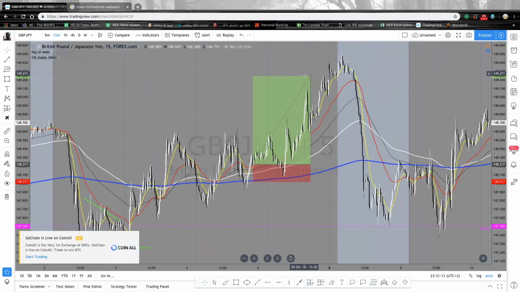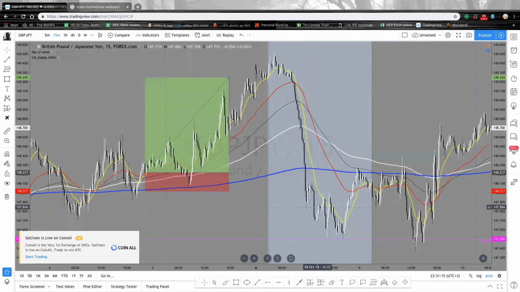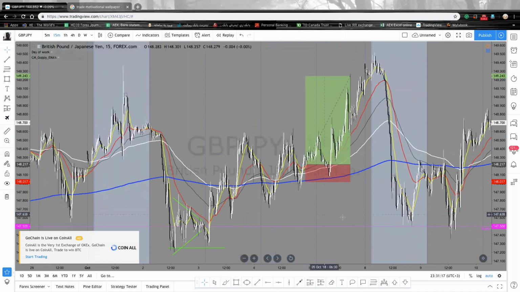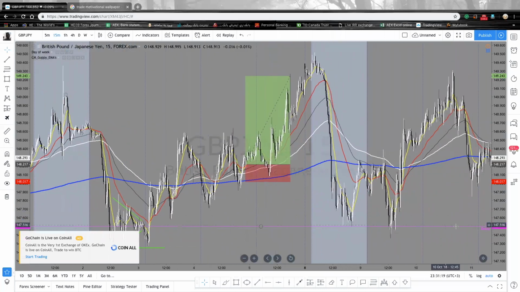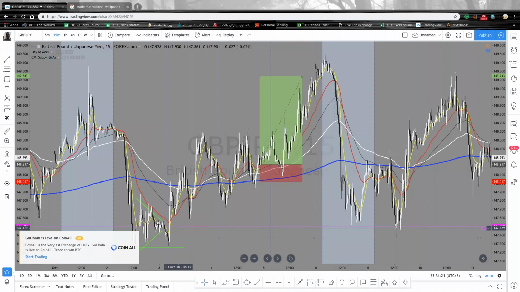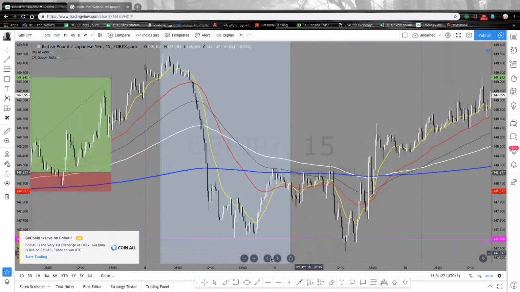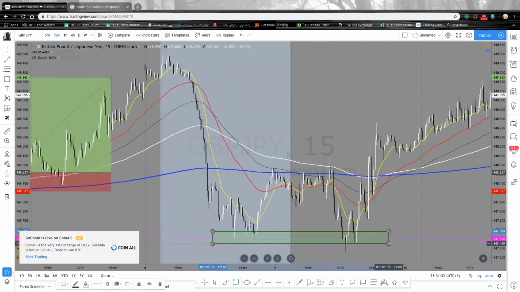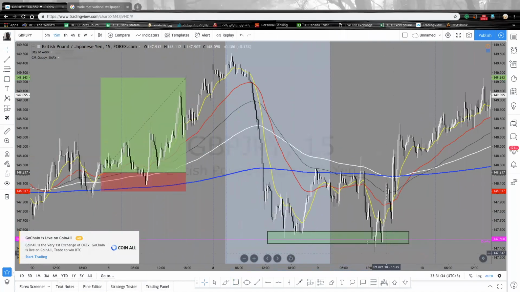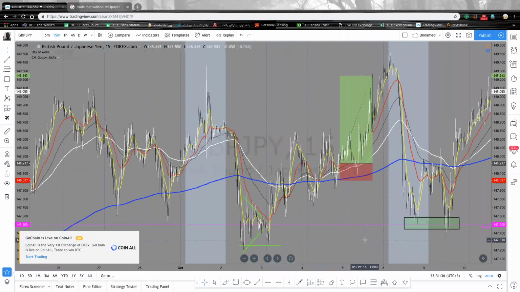So price comes back down, where? Same daily level. Same daily level, they don't even break it. So that shows us it's kind of a trap at our daily level.